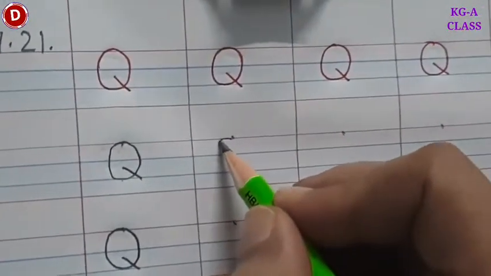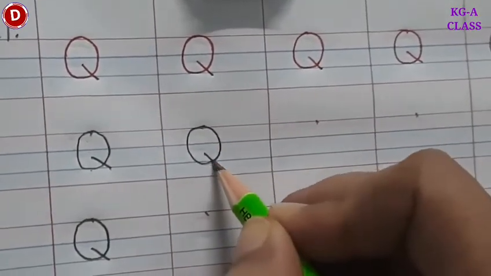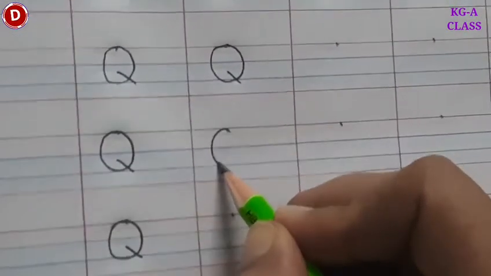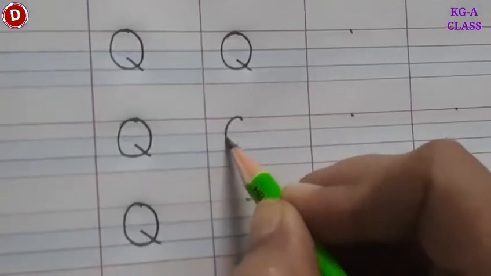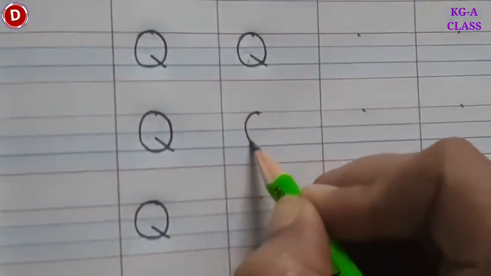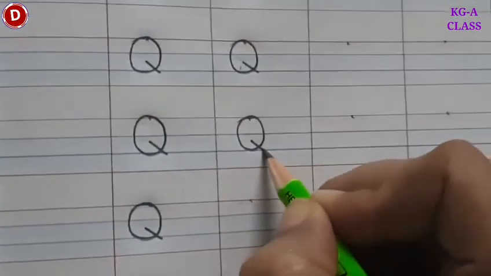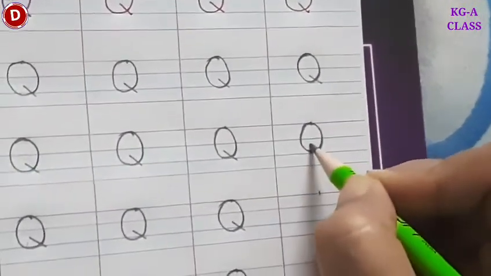Like this, children. Children, see, I am writing in the last line.